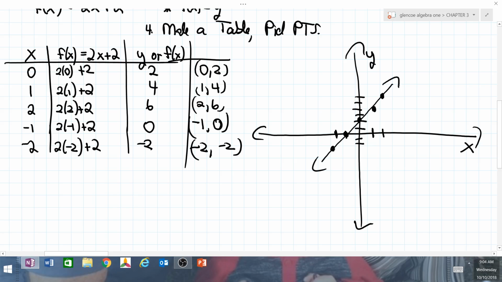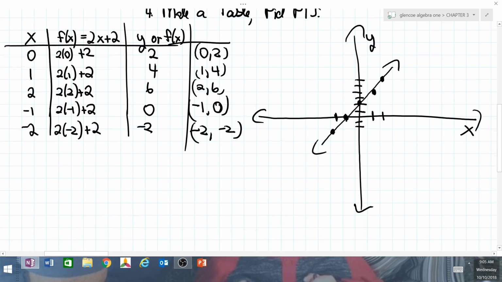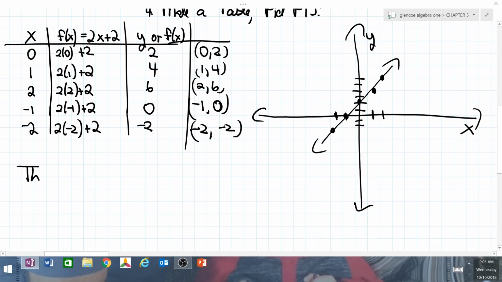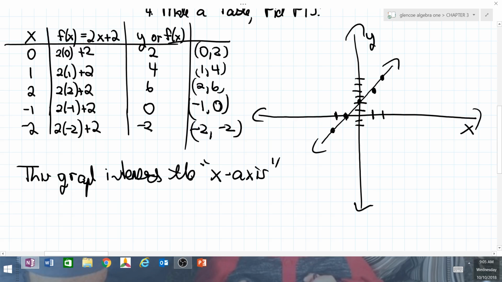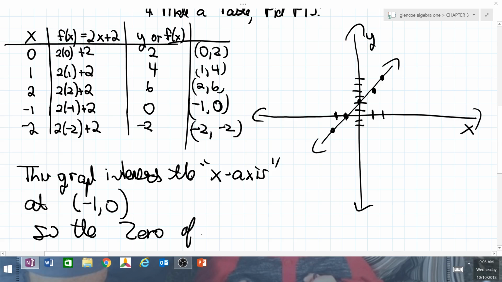Okay, does everyone see where the graph intersects the x-axis? Yes? Where does it intersect? So the 0 of this function would be -1.